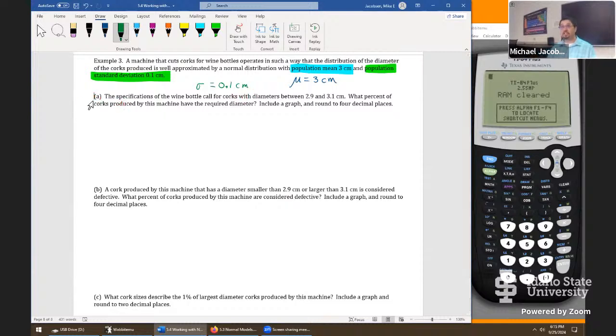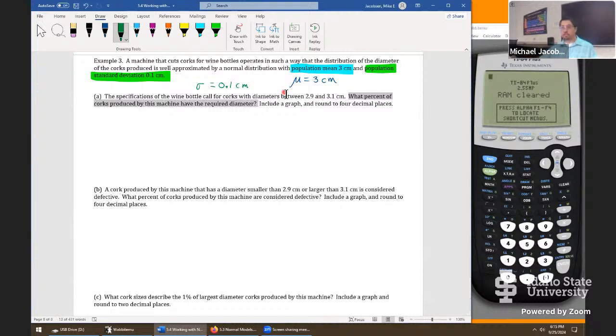And here's where the question starts. They begin by saying the specifications of the wine bottle call for corks with diameters between 2.9 and 3.1 centimeters. So it doesn't have to be perfect for the cork to work in the wine bottle. So there's some tolerance in there. We want to know what percentage of corks produced by this machine, where these parameters are accurate values, have the required diameter.